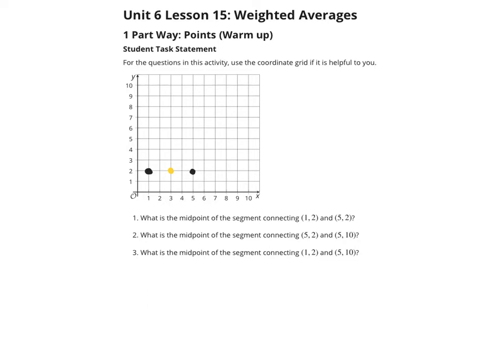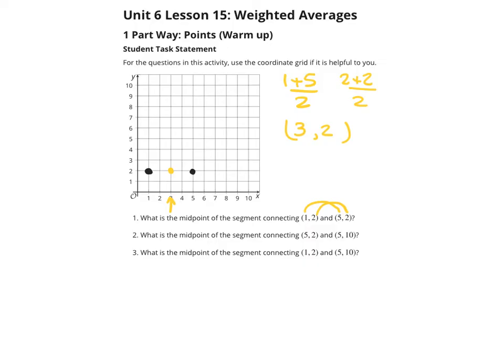The graph was sort of helpful, but I can do 1 plus 5 divided by 2, that gives us 6 over 2, which is 3, and 2 plus 2 over 2, which is 4 divided by 2, which is still 2. So there we go, (3, 2). We could do it mathematically or graphically.